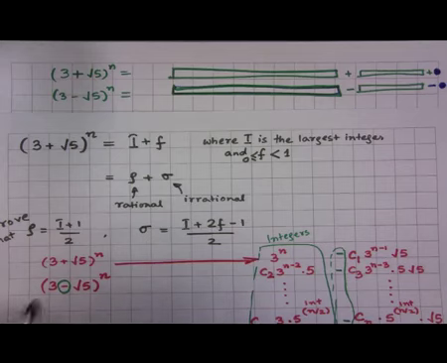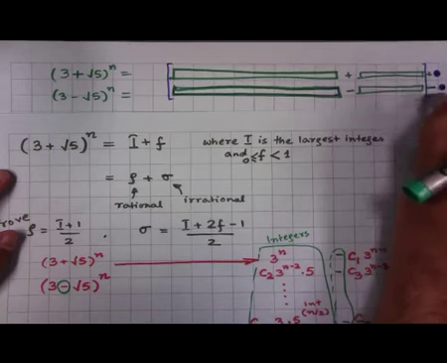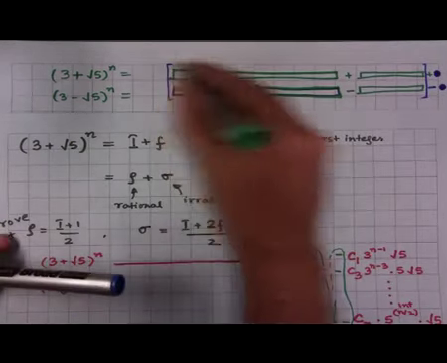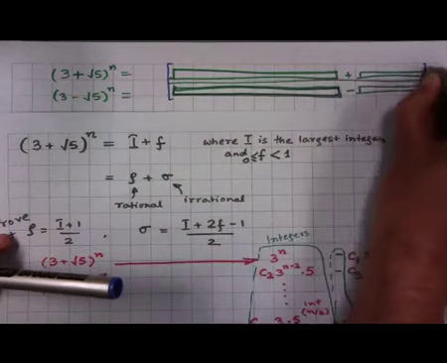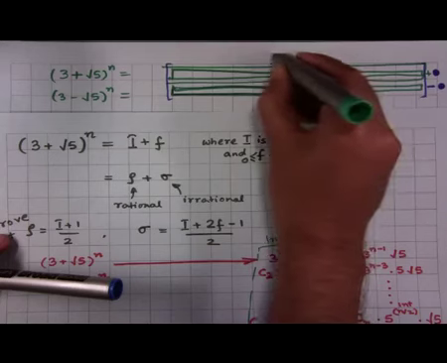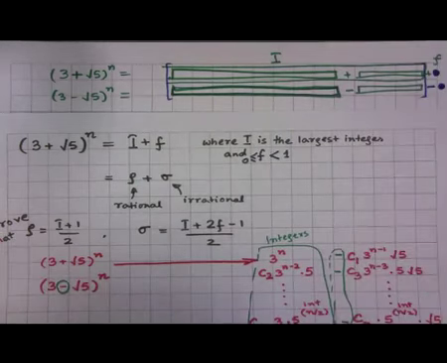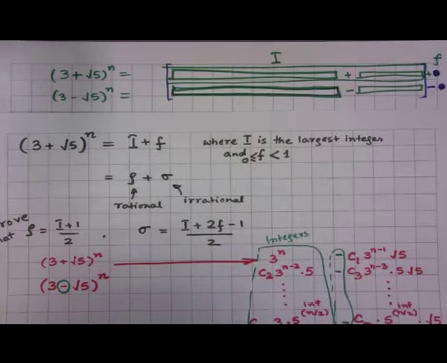Okay. Now, these are all integers, all right. So, you could call this entire thing, if this can be I. So, this whole thing is capital I and this blue dot is small f. So, this whole thing is capital I plus small f.